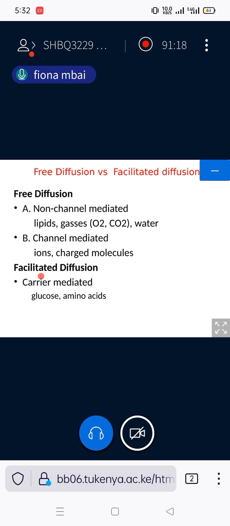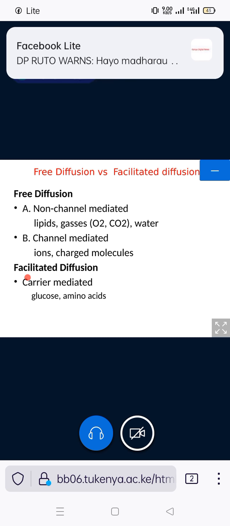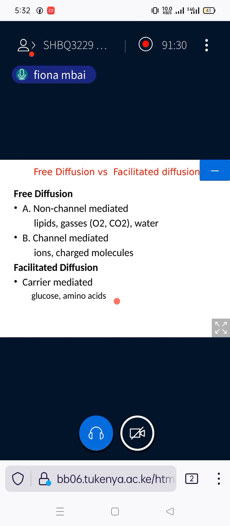Then in facilitated diffusion, it is carrier mediated. All the amino acids are shifted from one side of the plasma membrane to the other. So that is the distinction. Free diffusion can either happen across the membrane with no channel involvement or with a channel mediating the movement.